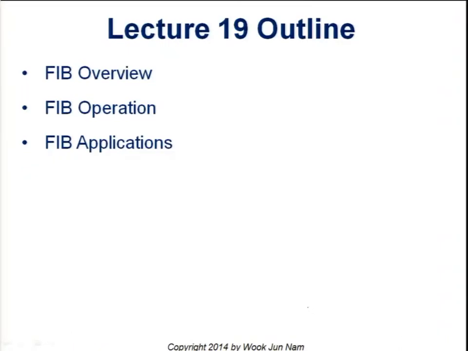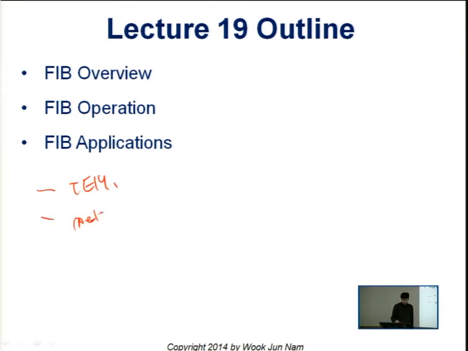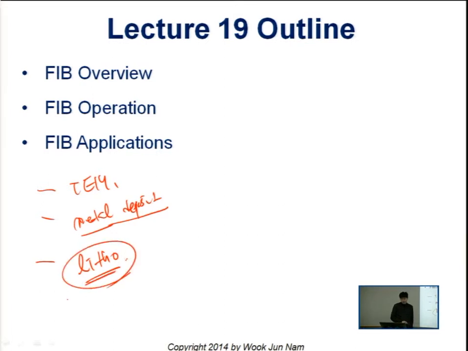So we talked about the application for the TEM sample, and another application is using the metal deposition. We can make some kind of device out of randomly distributed nanotubes. Another one is that we can use this focused ion beam for lithography.